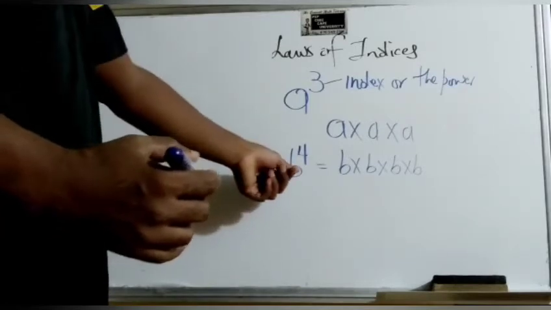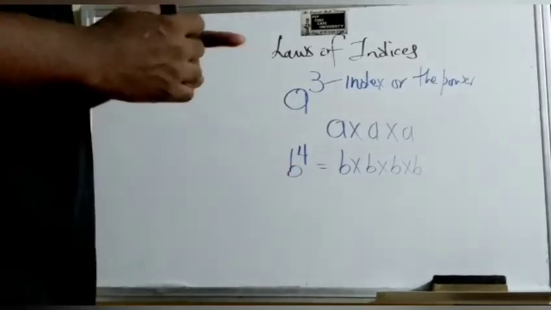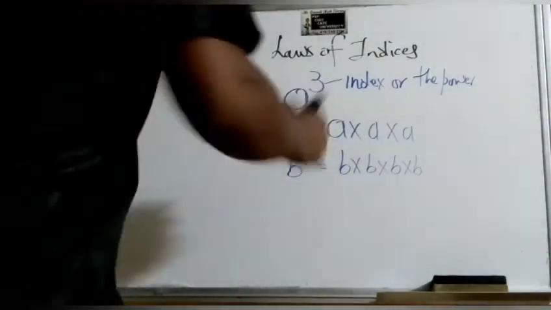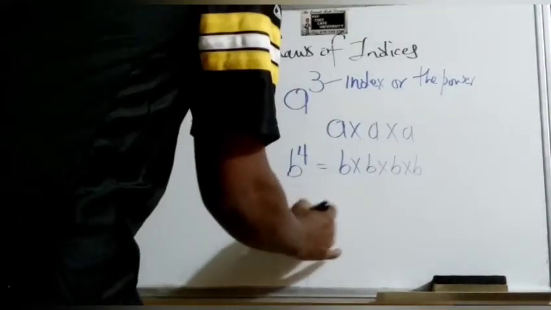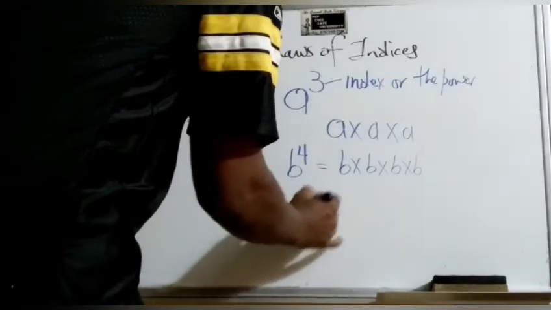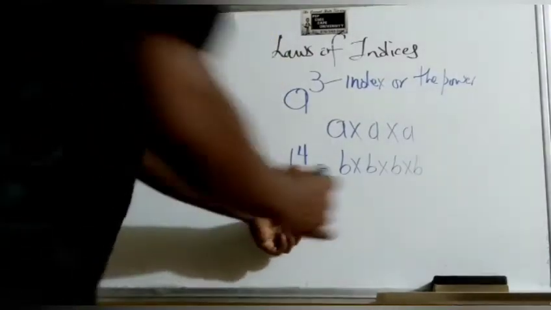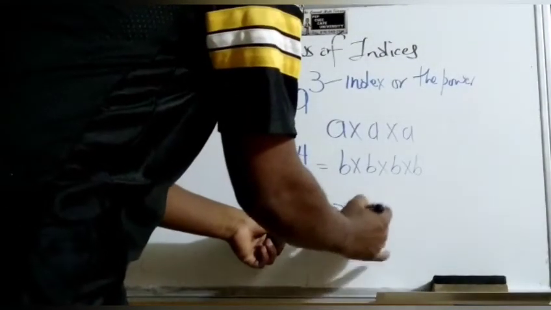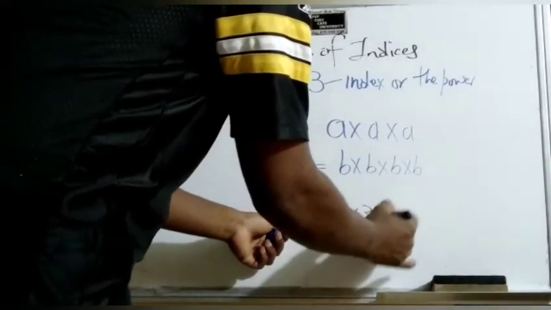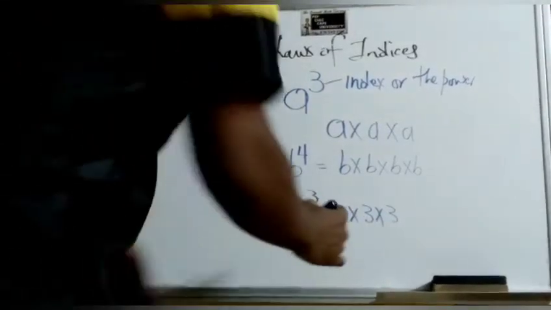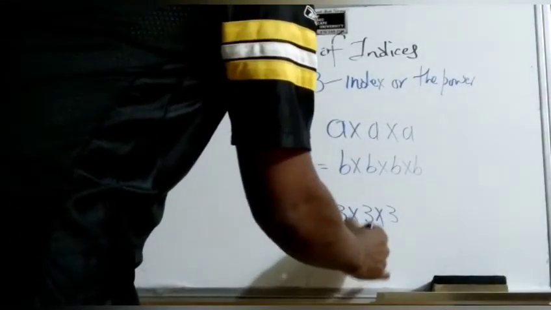Because remember, the letter is only representing a number. For example, if we have 3 raised to the third power, it would be 3 times 3 times 3. And 3 3s are 9, 3 9s would be 27.